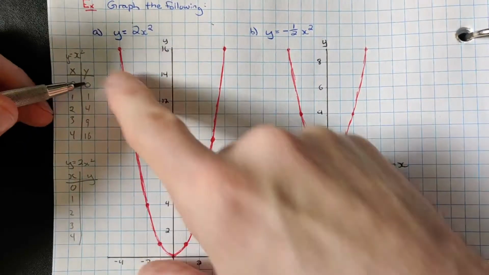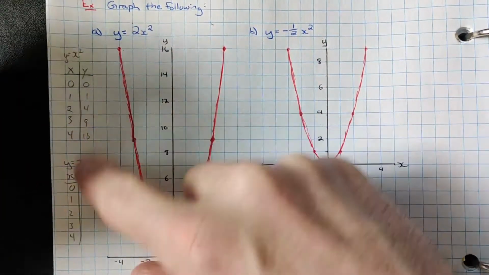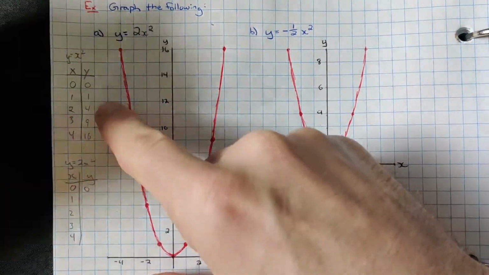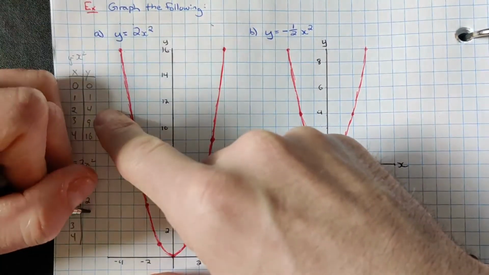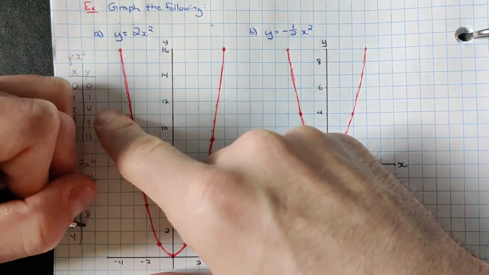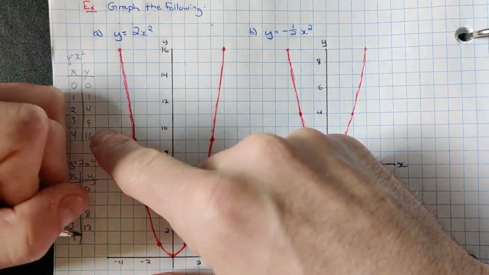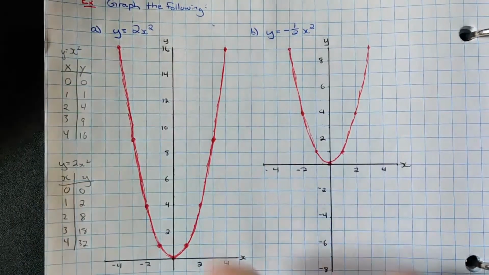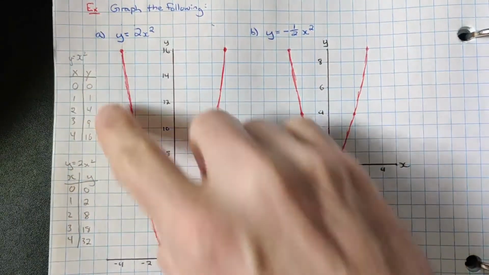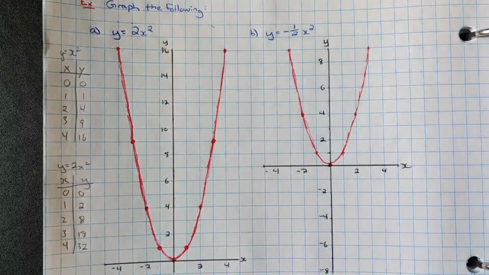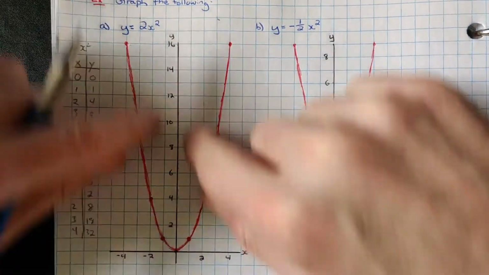So we have the x squared, and we're going to double it. So 0 doubled is 0, 1 doubled is 2, 4 doubled is 8, 9 doubled is 18, and 16 doubled is 32. This 2 in front just doubled all the values. So it kind of goes up twice as fast.